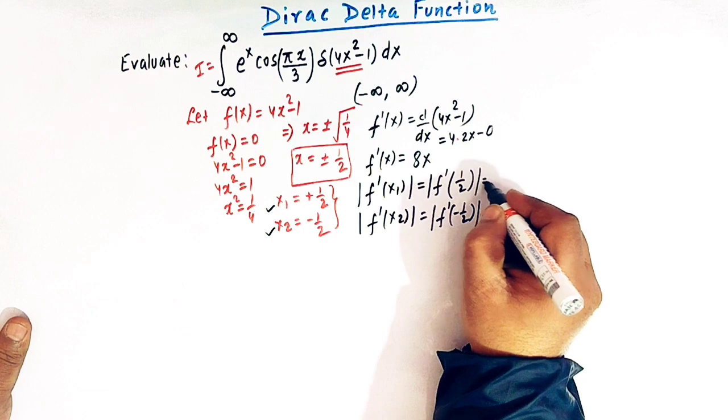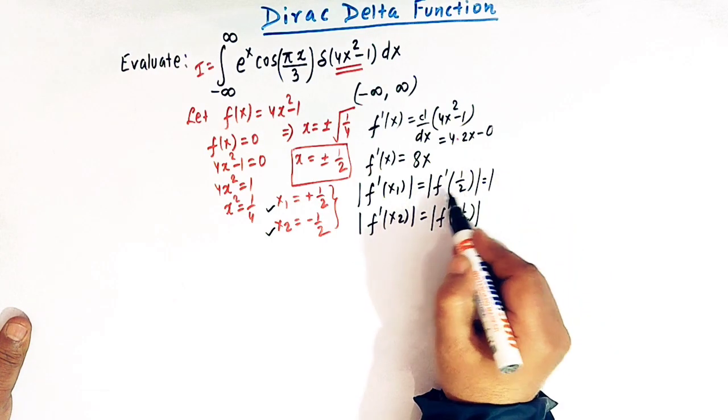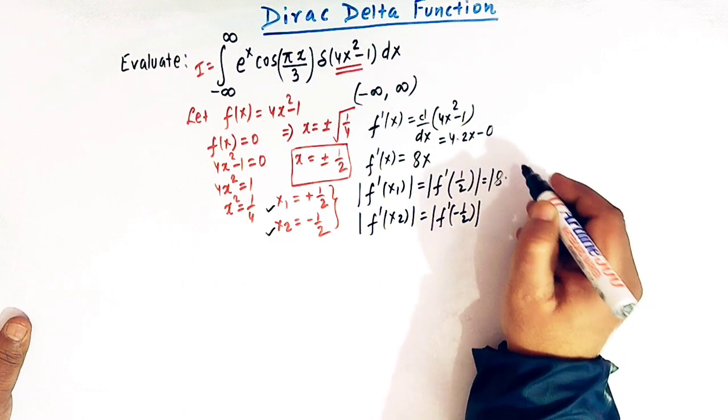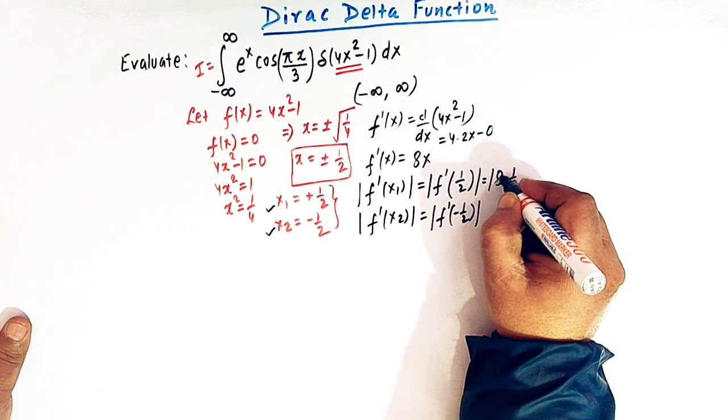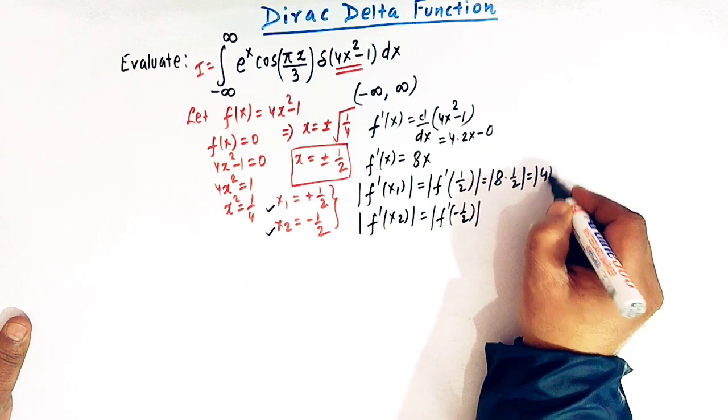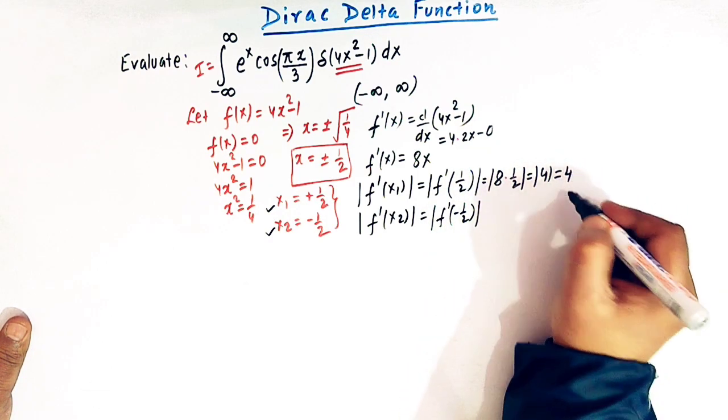Now mod of f prime of half is 8 times 1 over 2, so we have mod of 4, that is equal to 4.